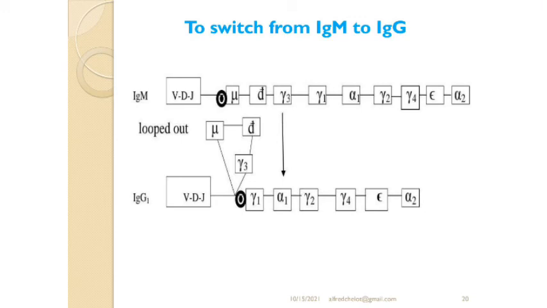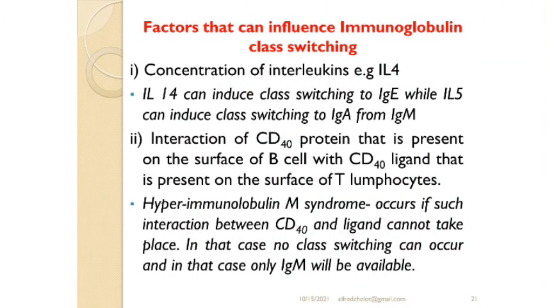As a result, there will be alternate RNA splicing, and in that mechanism, the B cell will be able to produce both immunoglobulin M and immunoglobulin D simultaneously because of the presence of the mu and the delta gene of the constant region. So basically, that is how immunoglobulin class switching takes place.